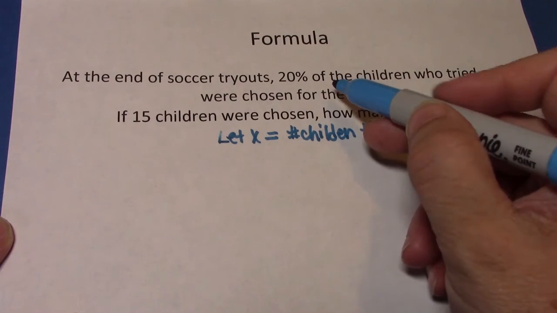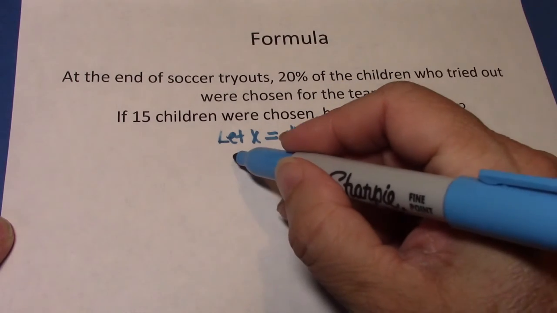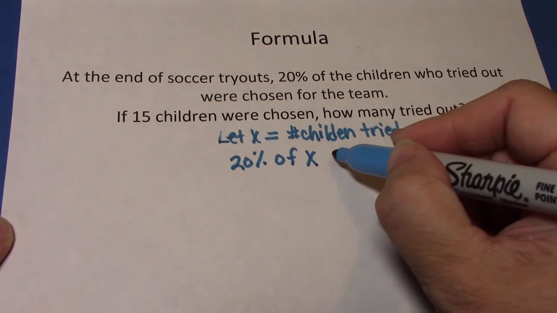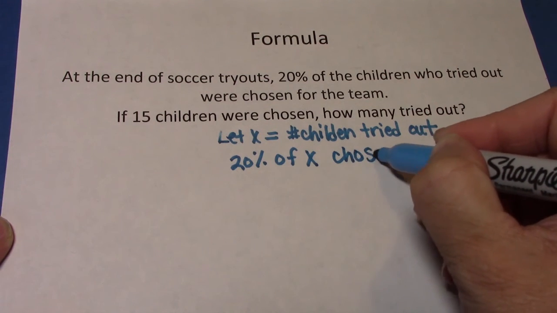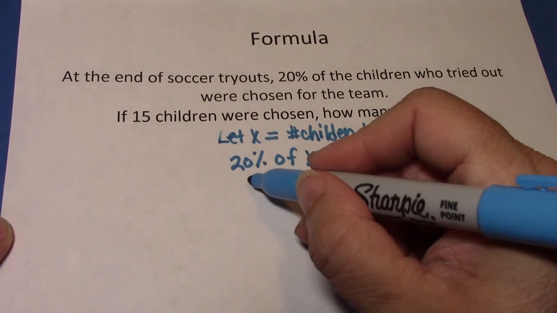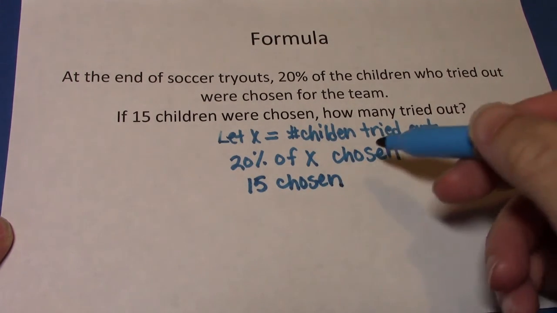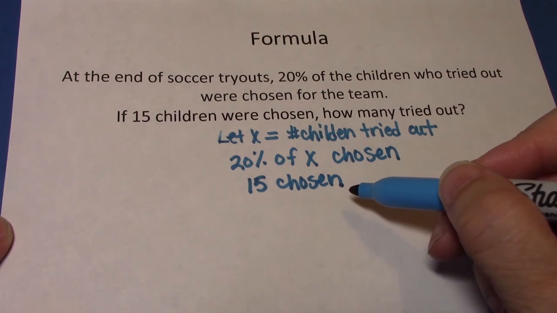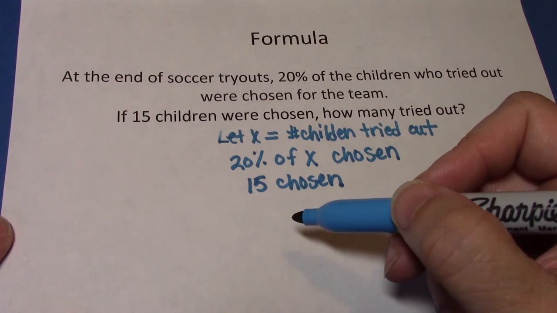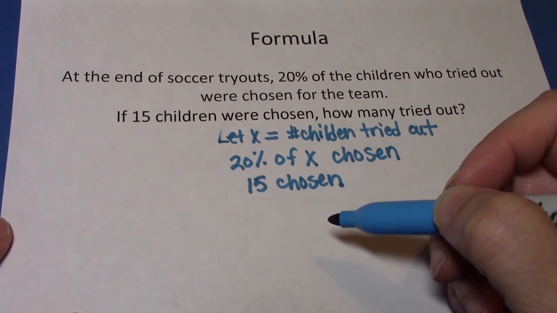Now we'll write down what else we know. 20% of the children were chosen. So 20% of x chosen. We also know that 15 were chosen. Well, if these two are the same thing in math, we use an equal sign. So let's get this combined and written out. And remember that of is a keyword that almost always means to multiply.